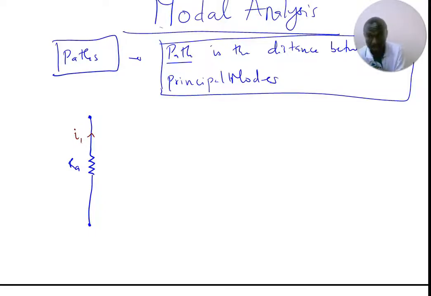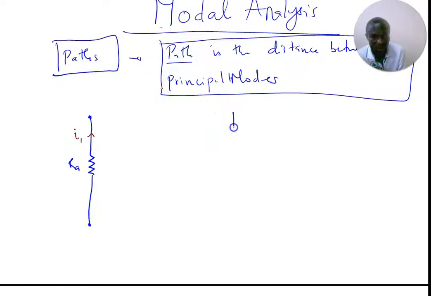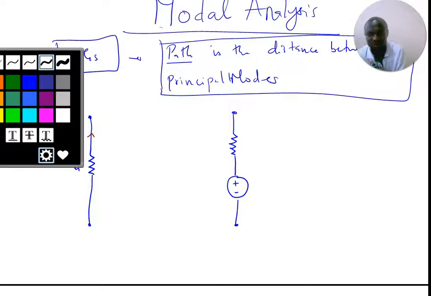I can also get a path with what? With a resistor and a voltage source, plus, minus. Right? I can get a path like this. So, with the current, let's say the current is flowing downwards.